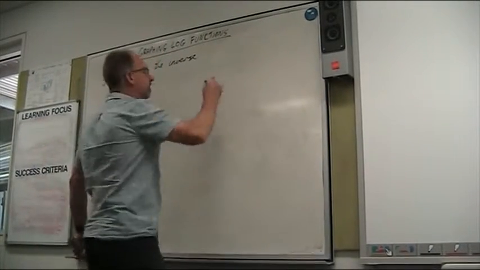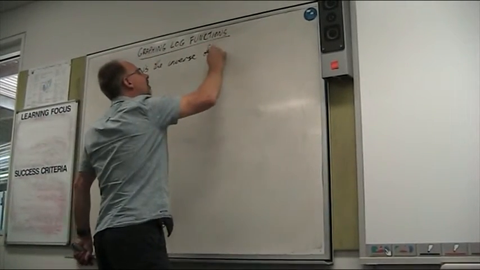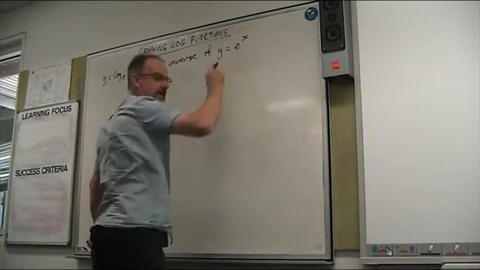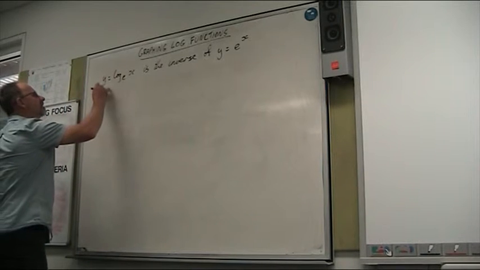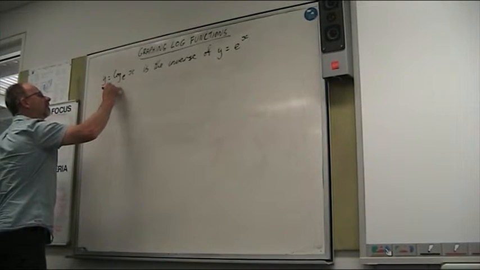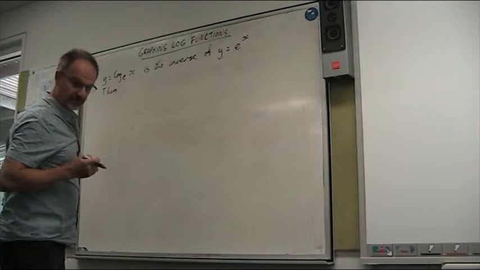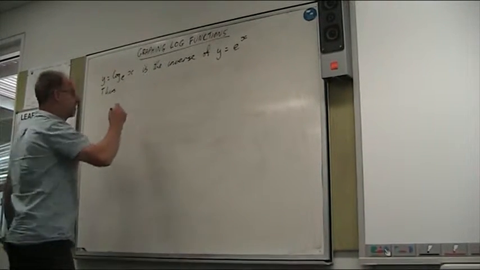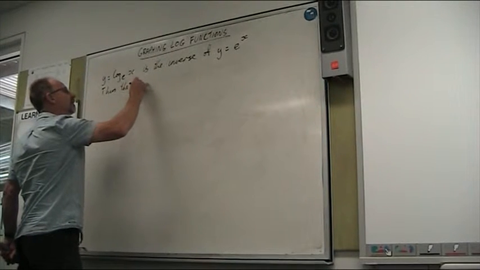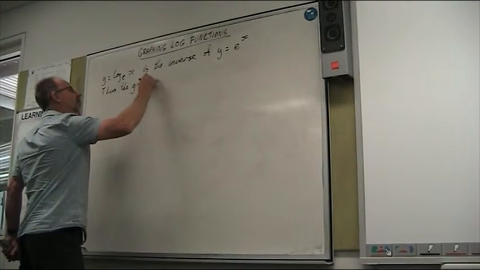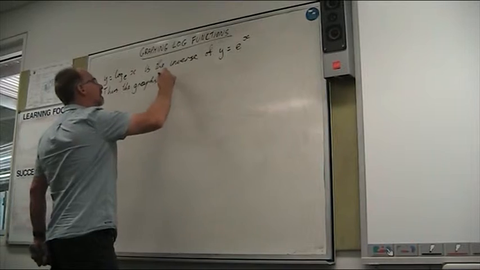So it's the inverse of y equals e to the x. And as I mentioned yesterday, the graphs of these are a reflection of each other in the line y equals x.